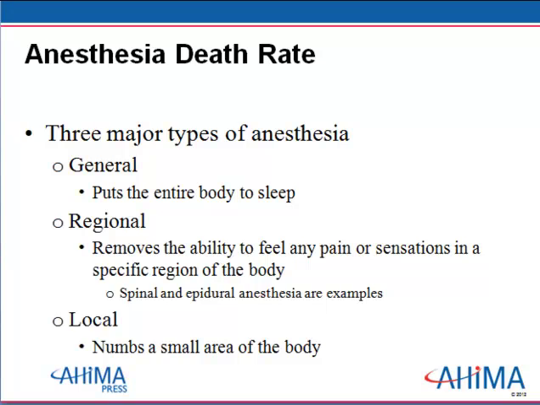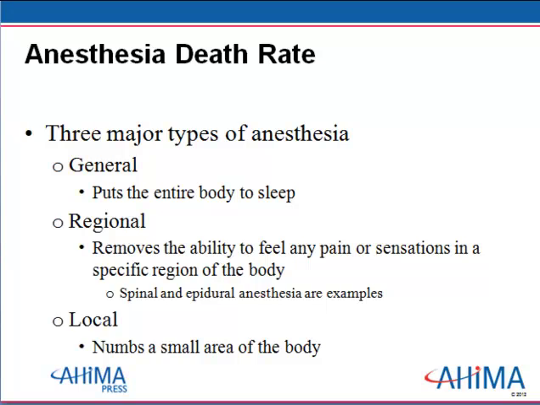There are three main types of anesthesia used. General, that's when the entire body or the entire person is put to sleep for more major surgeries. Regional removes the ability to feel pain or sensation in a specific part of the body, such as an epidural during childbirth.